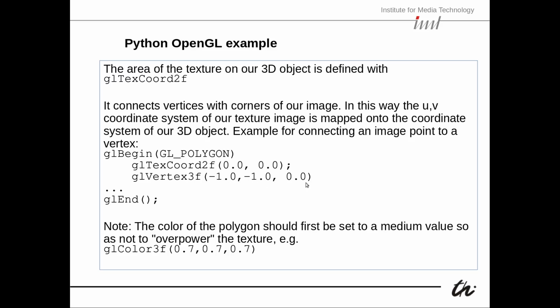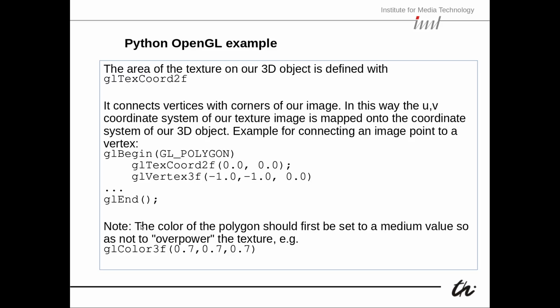So here you can see the 3D coordinates of our vertex. So this point in 3D is connected to the local 2D coordinates of our texture here. And we do that with all the points of the polygon. So you can imagine we repeat this process for each vertex of our object.